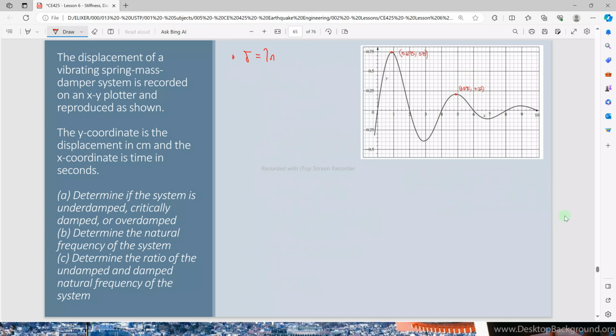This is equal to the natural logarithm of u_i over u_i plus 1, or equal to 2 pi times the damping coefficient omega over omega d. And then your damping ratio is equal to the logarithmic decrement delta over square root of 4 pi squared plus delta squared.